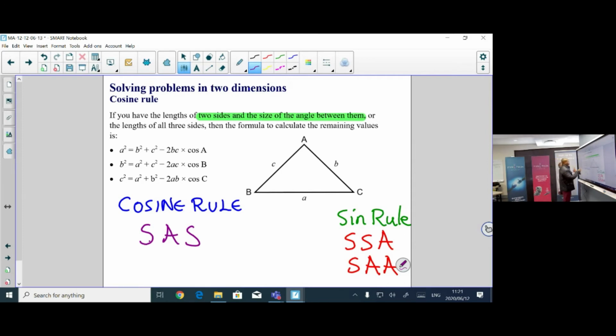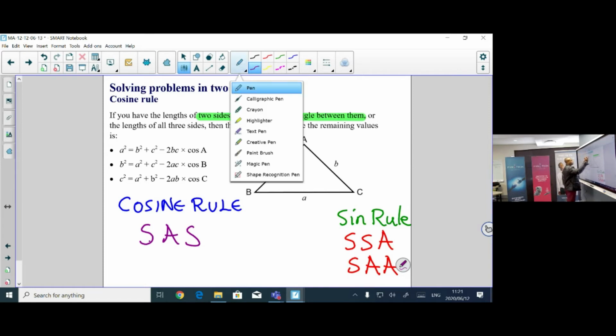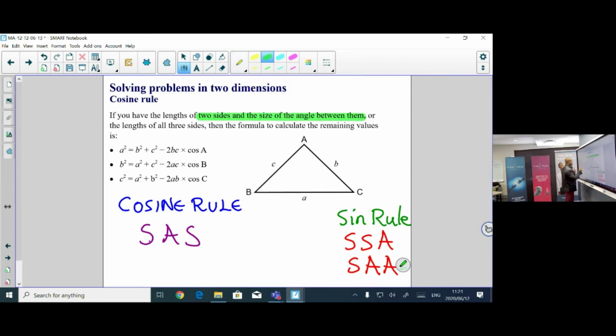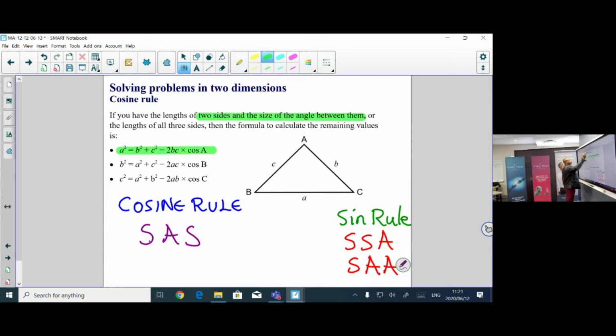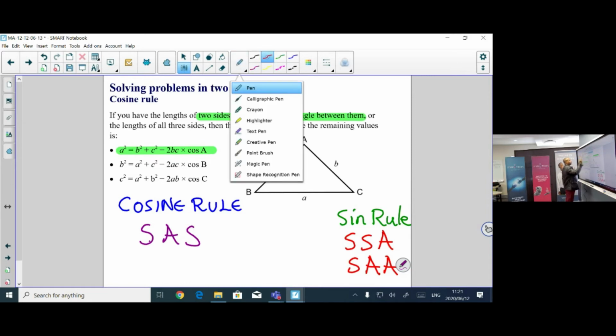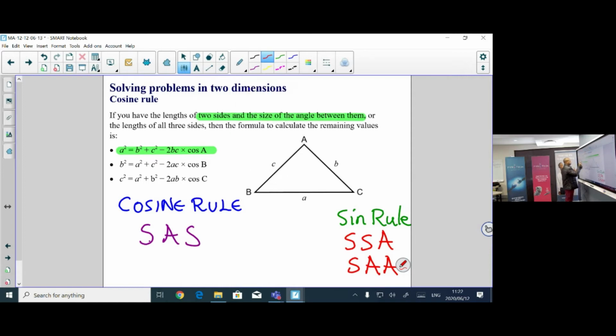Then, if that's the case, you have three formats of using the cosine rule. If you are looking for, for example, small a, remember it can be different letters, then you make sure that you have something that looks partly like your Pythagoras.